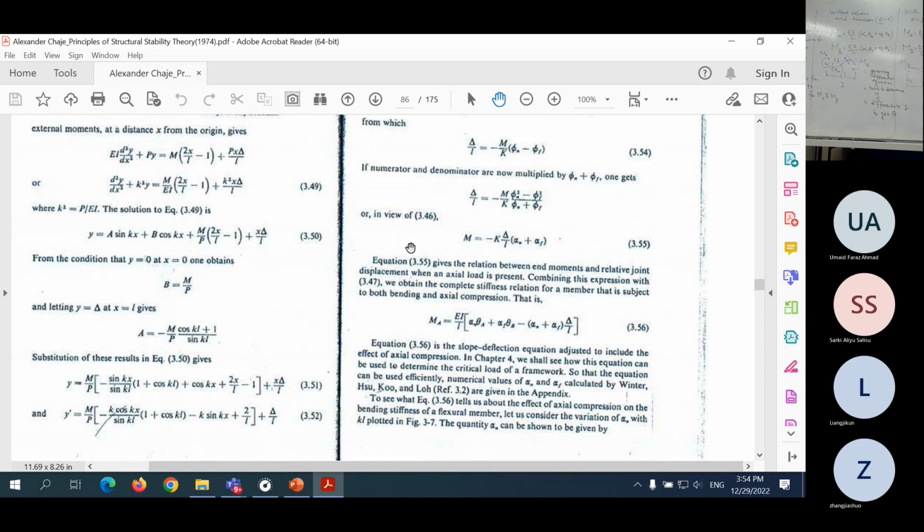This is the situation. It is not related to imperfections. So one situation is a frame with sway, then you have that delta over L. If the frame is without sway, then you don't have that relative end translation effect. But when the frame sways, you have translation of one end relative to the other. This is where the delta over L appears.